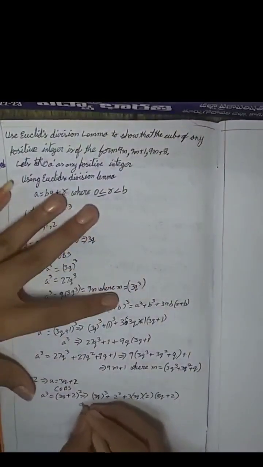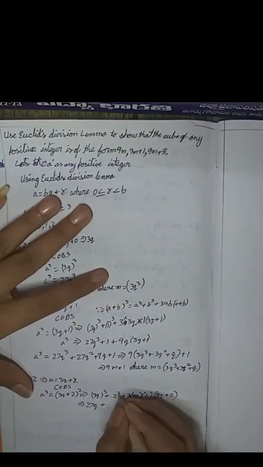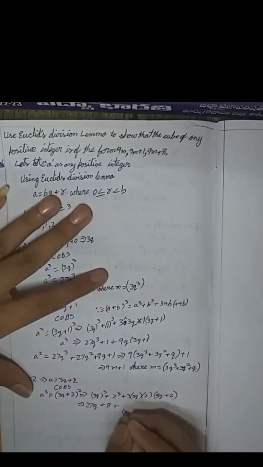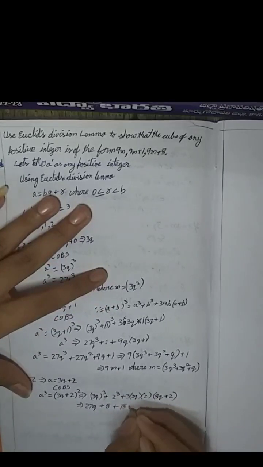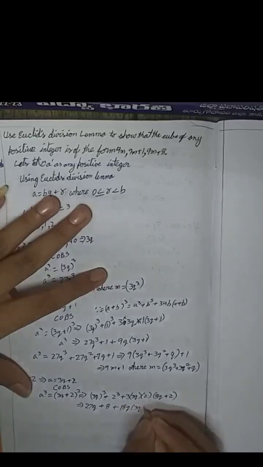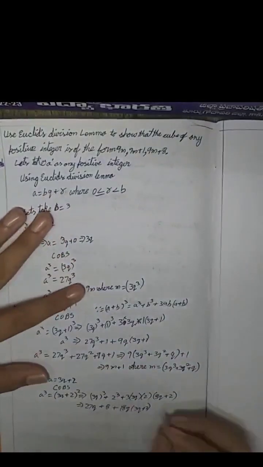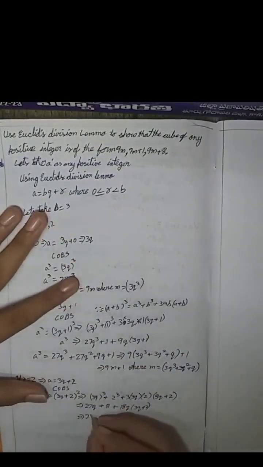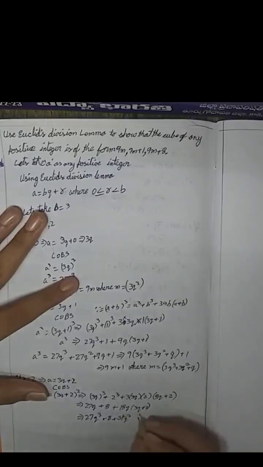Now if we simplify this, we get 27q cube plus 8 plus 3 2s are 6, 6 3s are 18q into 3q plus 2. Now, if we simplify more, we get 27q cube plus 8 plus 54q square, as we multiply 18q into 3q, and 18q into 2 is 36q.